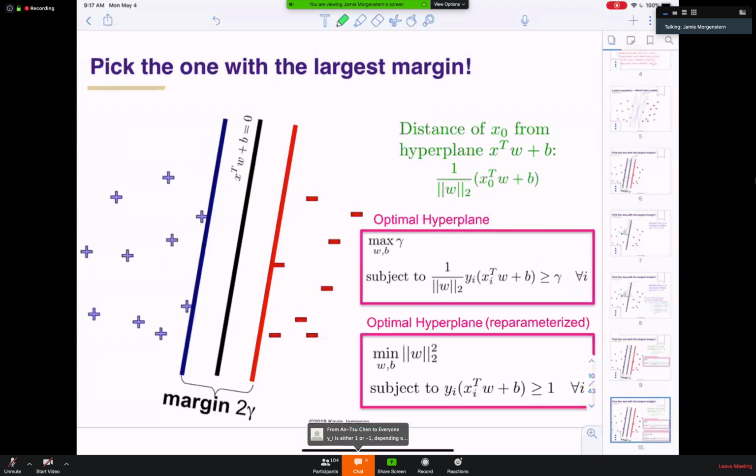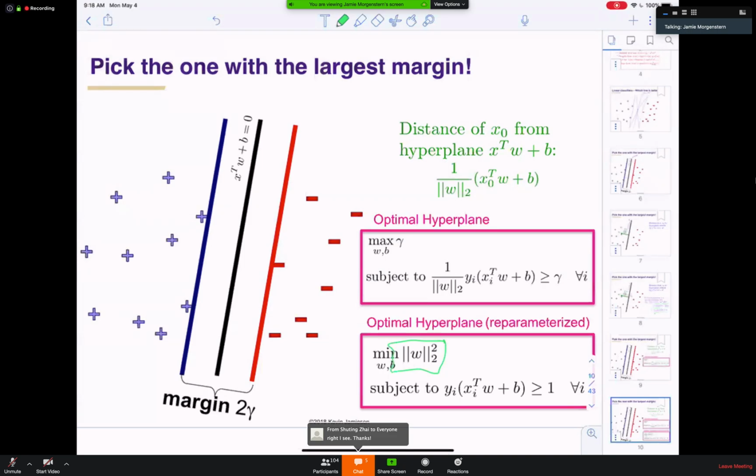The only thing we've done here is replace gamma by the L2 norm of W. You can look at that as just multiplying both sides of the constraint by the L2 norm of W, and then doing some small reparameterization.